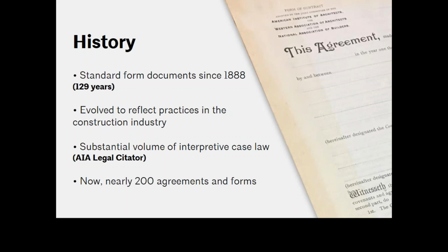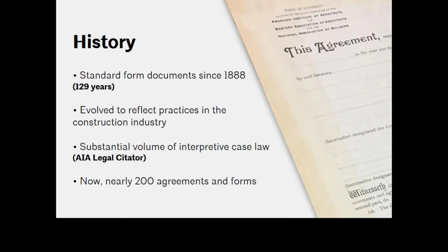The AIA has been creating documents so long that we have quite a substantial volume of interpretive case law. What that means is that courts all over the country have interpreted our documents over time. If you have a question about, for example, what some section of A201 means, there's a very good chance that a court in your jurisdiction has actually interpreted that document or that particular language.